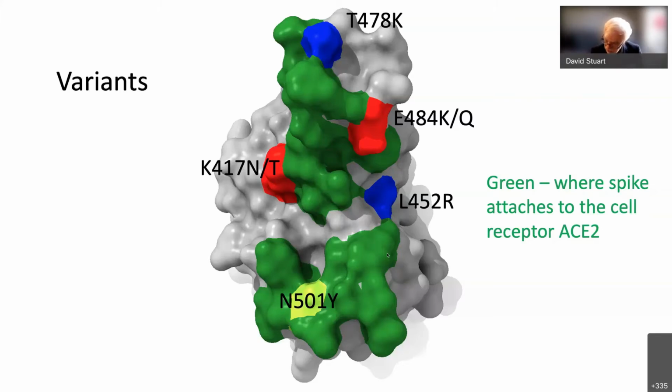They may have arisen for other reasons, and one reason might be to increase the transmissibility, perhaps by improving receptor binding. So there's various things that we haven't yet teased apart here.